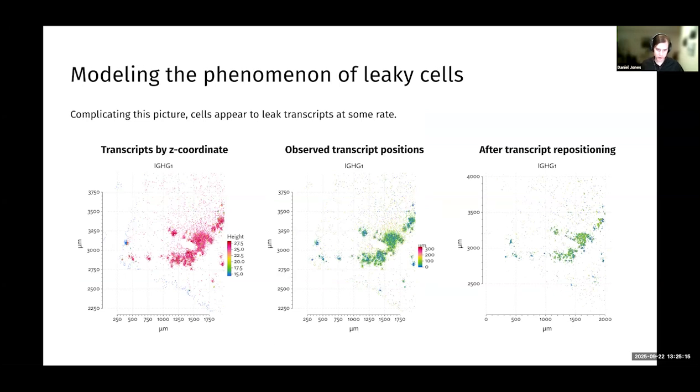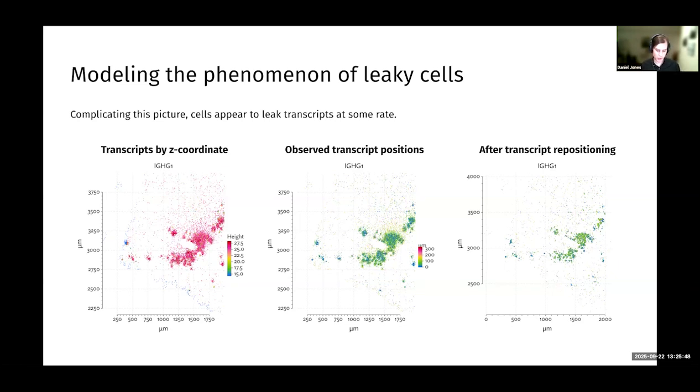The other trick, because we've built a probabilistic model, is we can extend it in a lot of ways. And one of the key ways we've extended it, which I think is somewhat unique to our model, is that we don't assume that the transcripts are observed with complete accuracy in the XY coordinate. We allow for the possibility that either the readout is slightly imprecise, or transcripts have migrated from where they should be, which I think can happen because there's a permeabilization step.